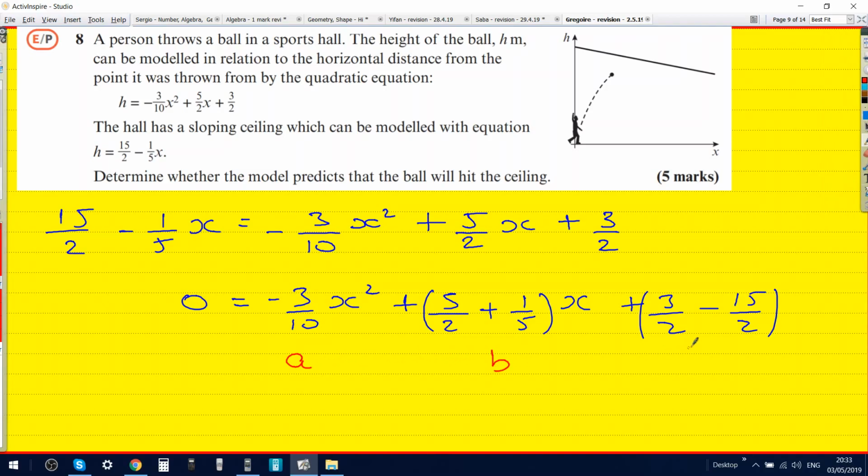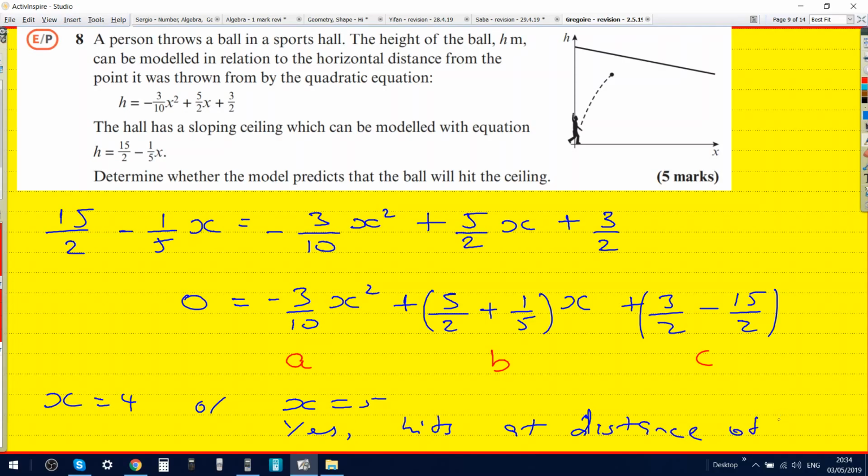That's fine. And you could get the height by subbing it into, let's say, the second equation, because that's easier. But I'm just checking. So the height is in meters, and the distance it was thrown is, at distance of 4, let's say. Okay, 4, but yeah, just making sure.